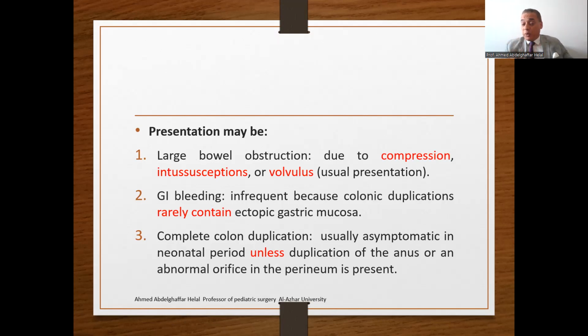Gastrointestinal bleeding is infrequent because colonic duplication rarely contains ectopic gastric mucosa. Complete colon duplication is usually asymptomatic in the neonatal period unless there is duplication of the anus or an abnormal orifice in the perineum. So usually complete duplication is asymptomatic unless there is an abnormal opening.